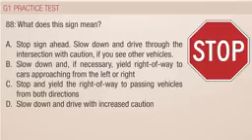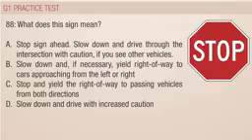Question 88. What does this sign mean? A. Stop sign ahead. Slow down and drive through the intersection with caution if you see other vehicles. B. Slow down and, if necessary, yield right of way to cars approaching from the left or right.